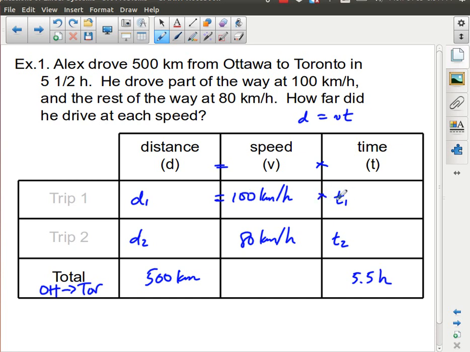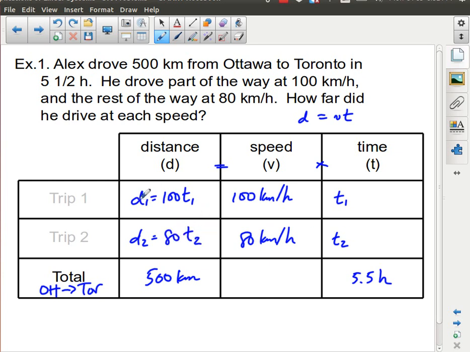Well, that means that distance 1 is actually, I'm going to get rid of all these equal signs, they're going to start to get confusing. Distance 1 is actually 100 times t1. And distance 2 is actually 80 times t2.